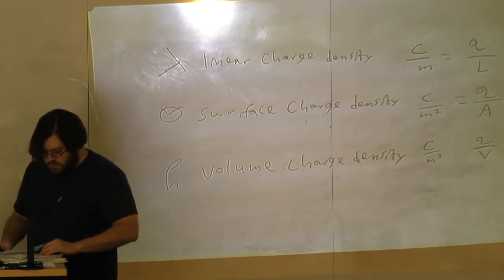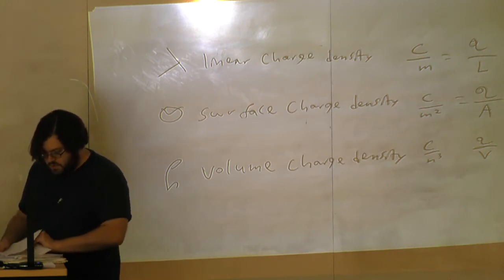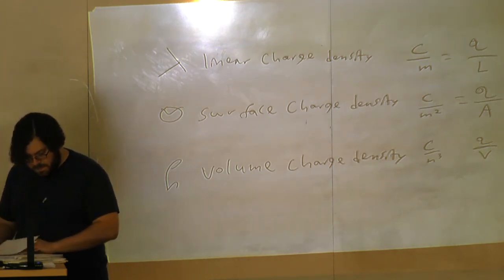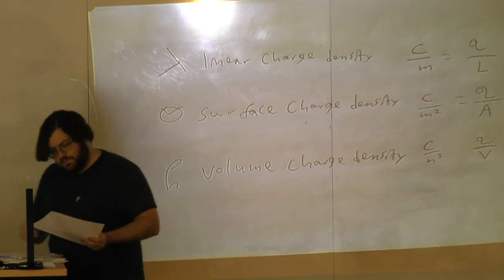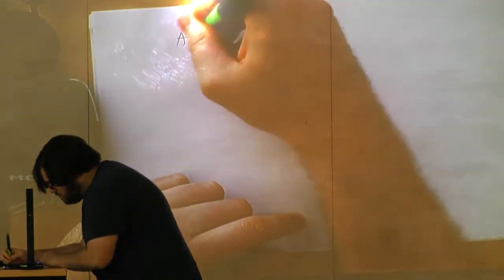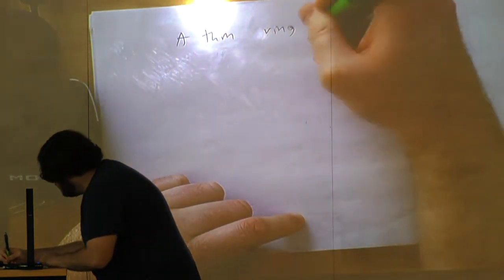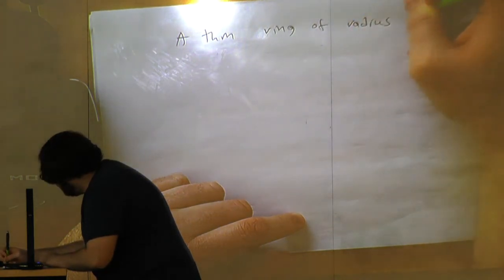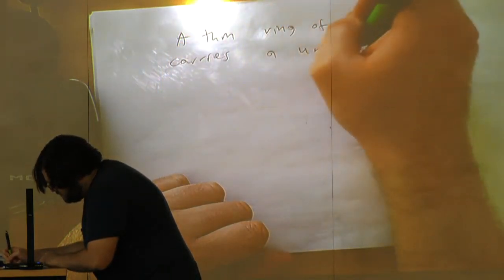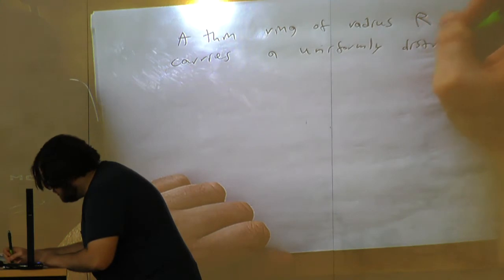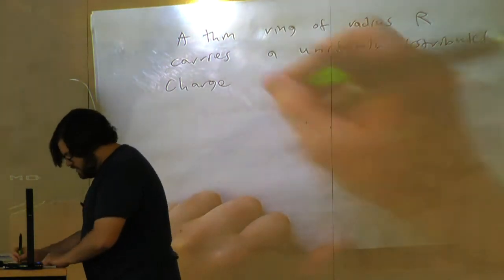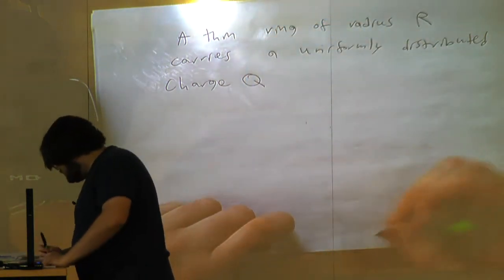So, we're going to do a problem that requires calculus. Yay! A thin ring of radius r carries a uniformly distributed charge Q. That is the total charge.